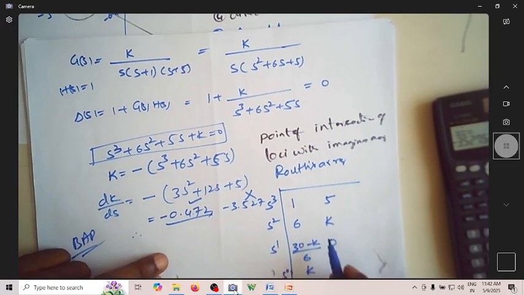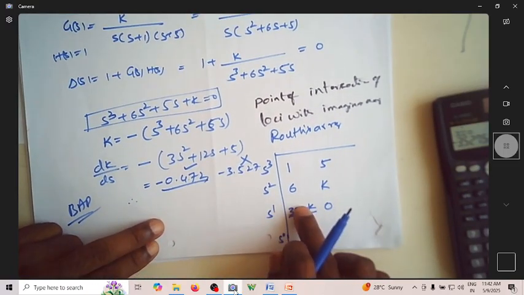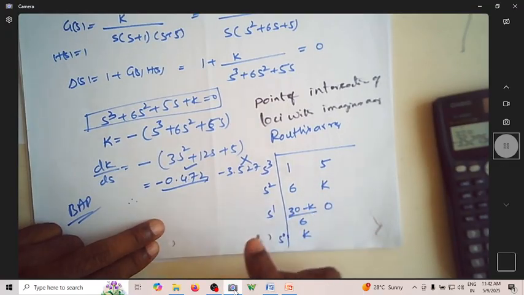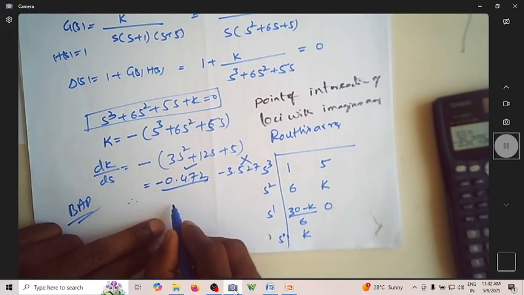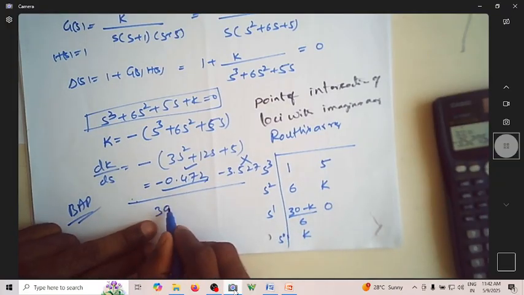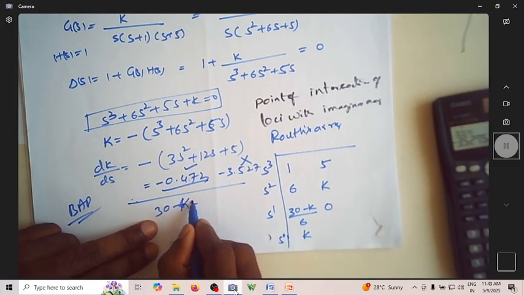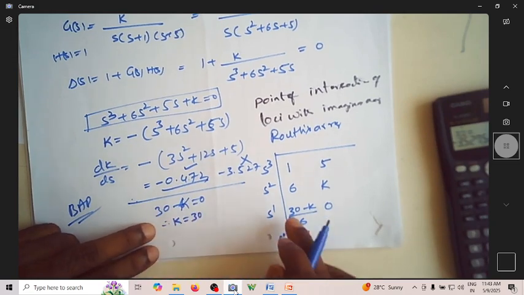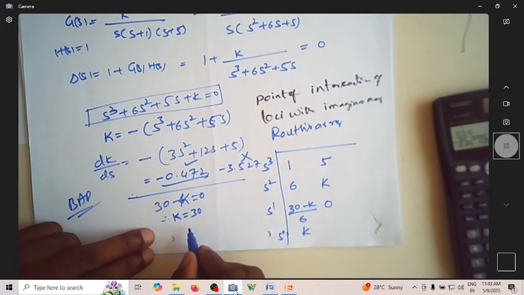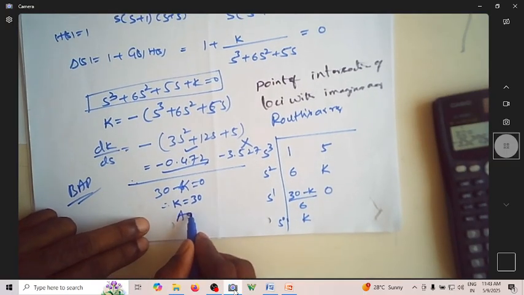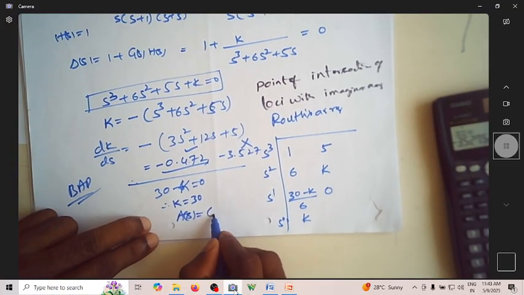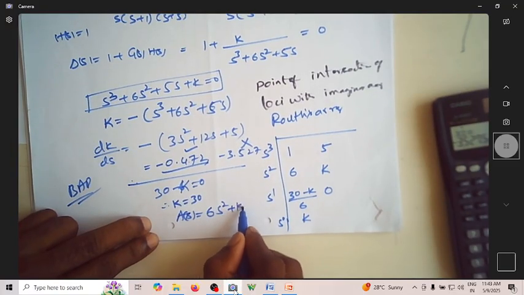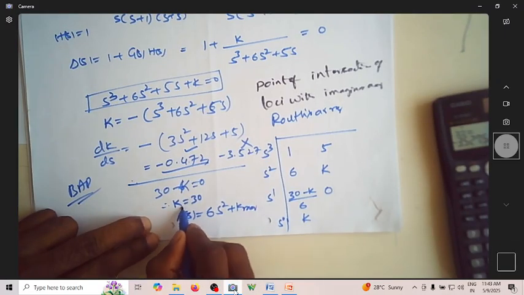When this term becomes 0, you will end up with the auxiliary equation. So when does this term become 0? When 30 minus k becomes 0, that is, when k is equal to 30, this will become 0. We end up with the auxiliary equation A(s), which is nothing but 5s squared plus k margin.